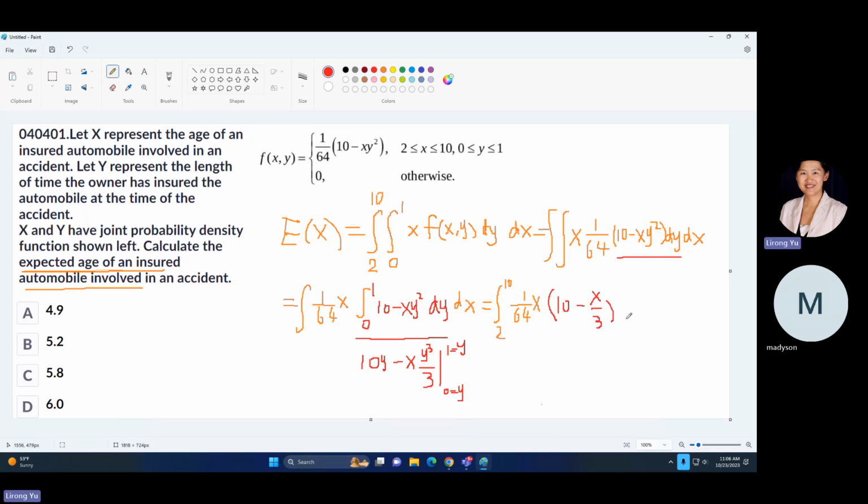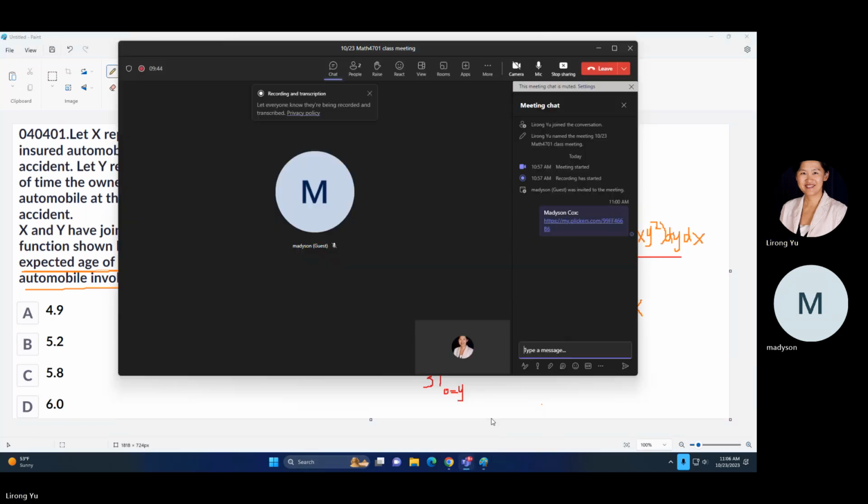Okay, so this red part, after you integrated the dy, you have this y equal to 1, y equal to 1. Right, and then the outside layer of the integration was dx. Now we focus on the second integration. This is double integral. Once you finish integrating inside, we'll finish the outside integration.